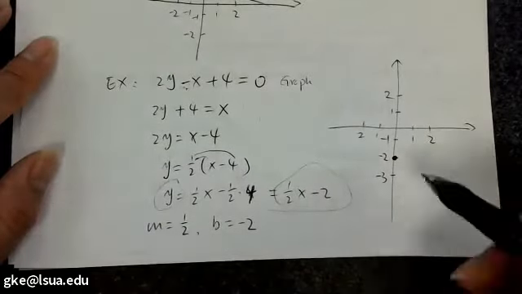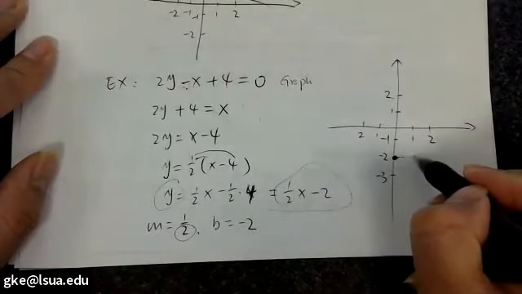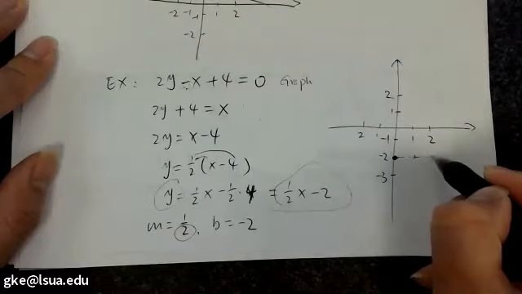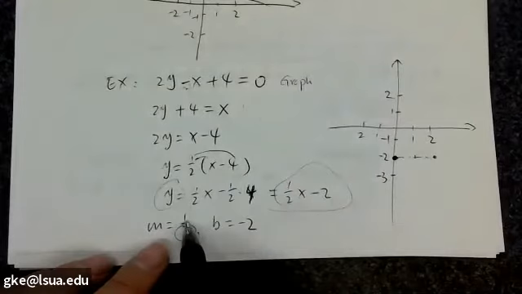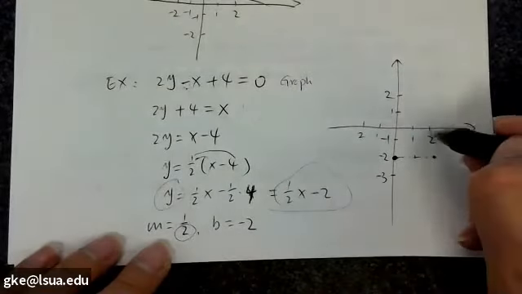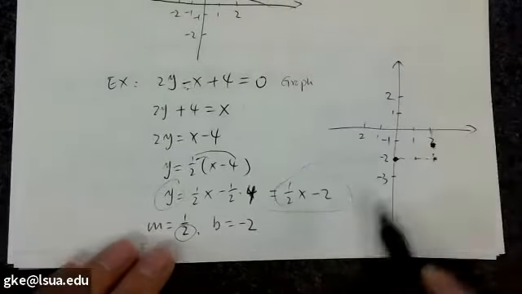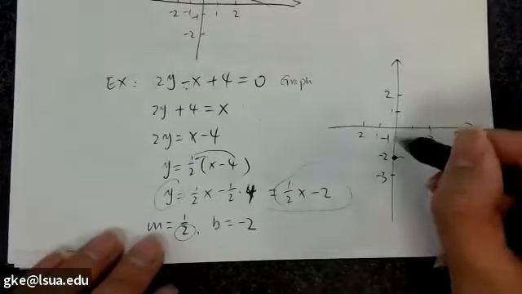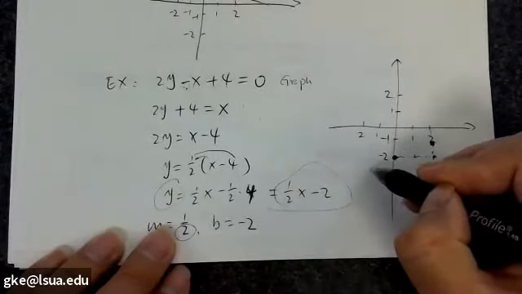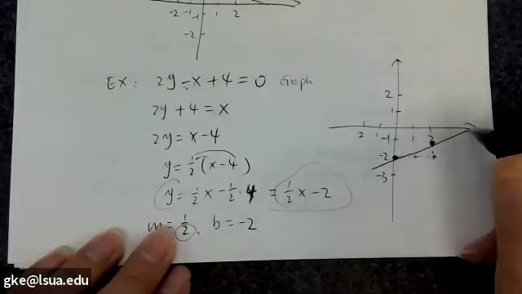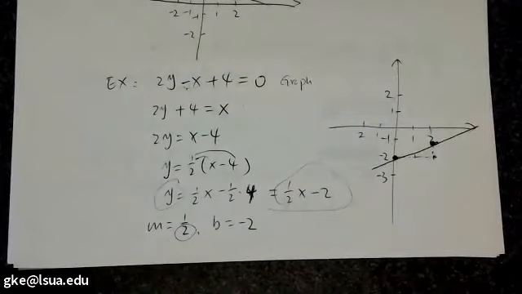It's positive, so for the denominator we move forward 2 units, and for the numerator, we move upward 1 unit. That is -1 here. So we connect these 2 points. That's it.